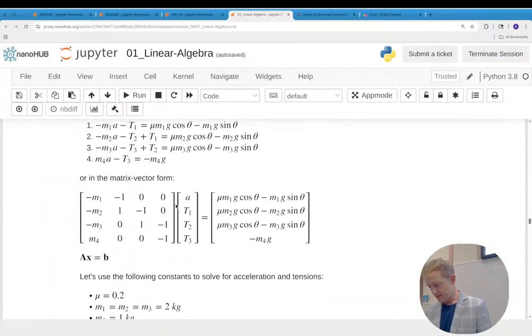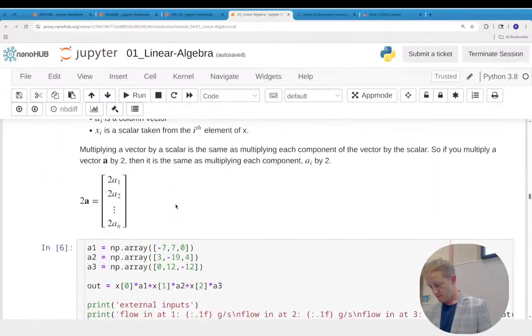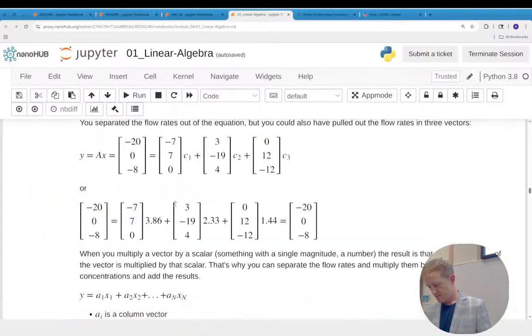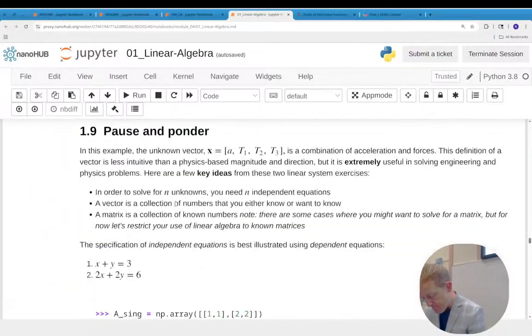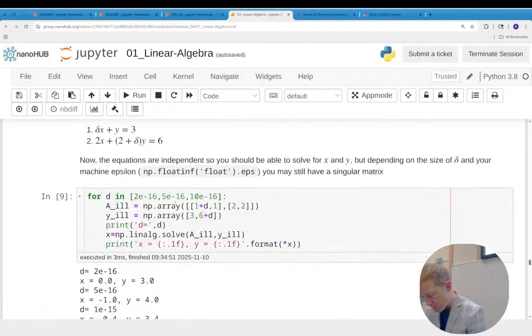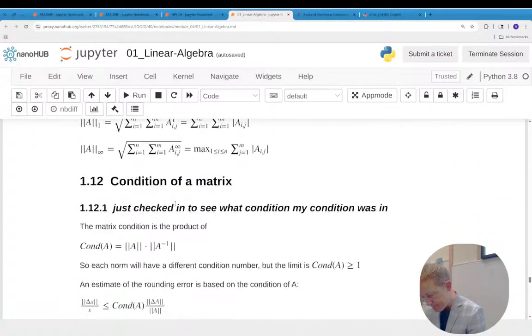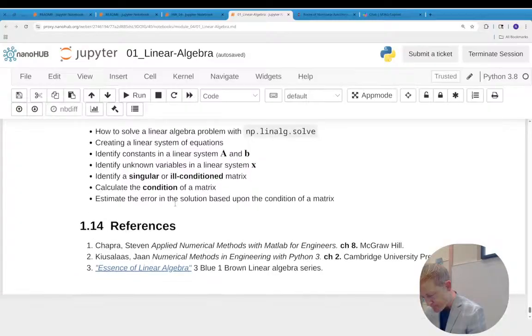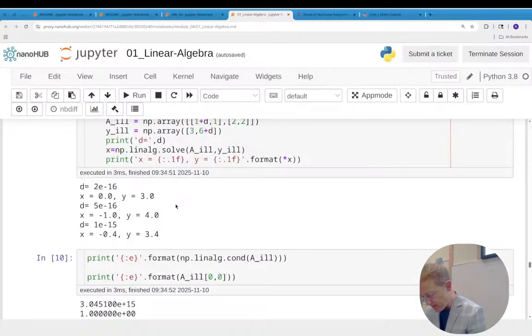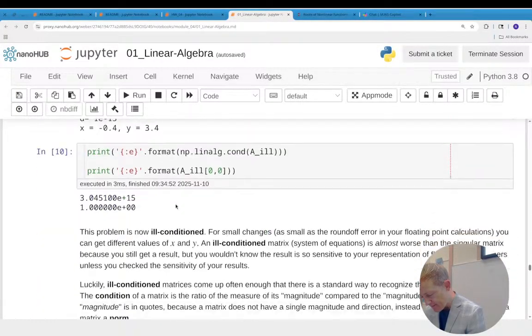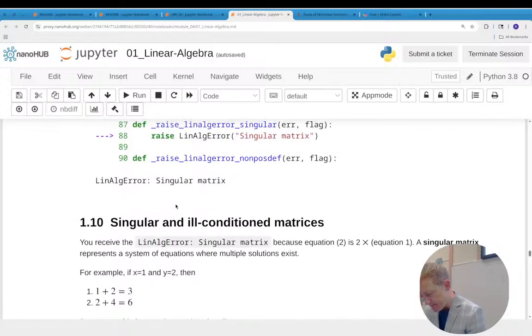I think there's an example up here. No? I thought I plotted it. Maybe not.